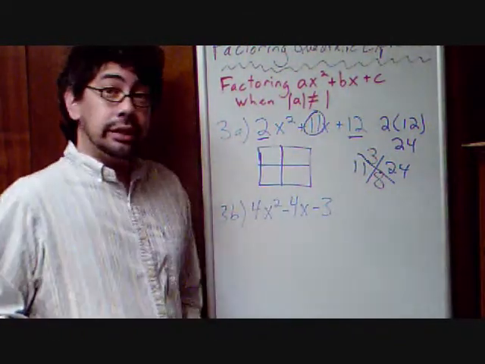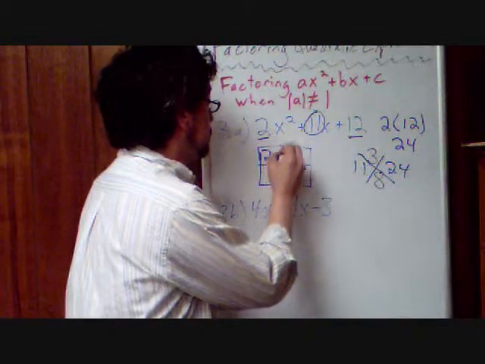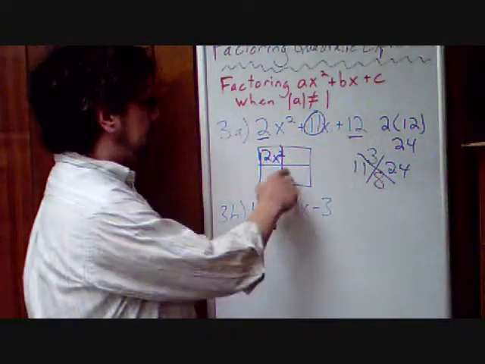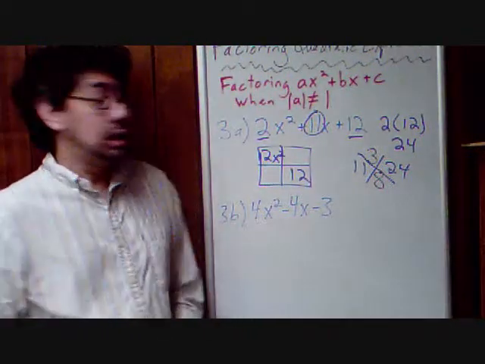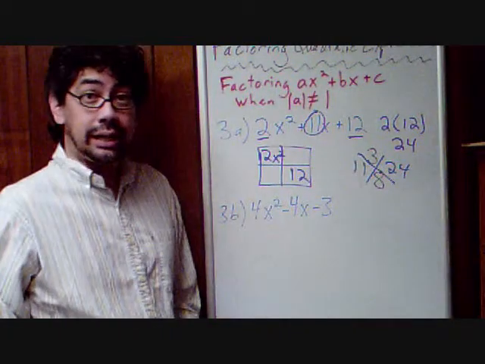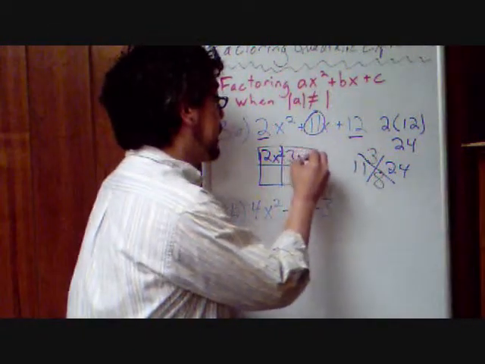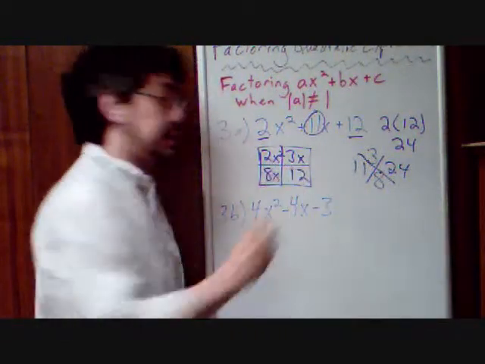The number I put here is this, 2x squared. The number I put here is the 12. Now these two empty spots, that's where I wanted my 3 and my 8. So I put 3x, adding that x, and 8x, adding that x.